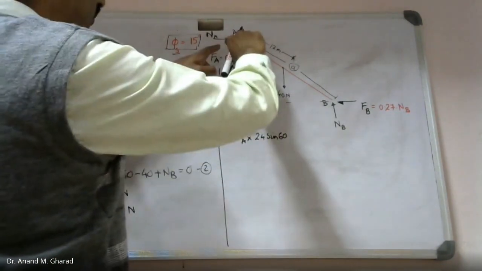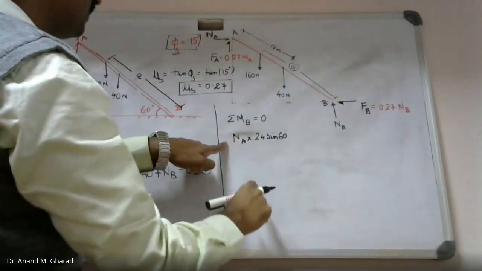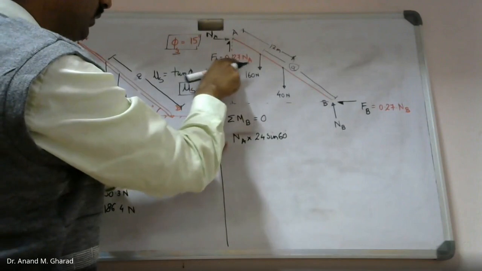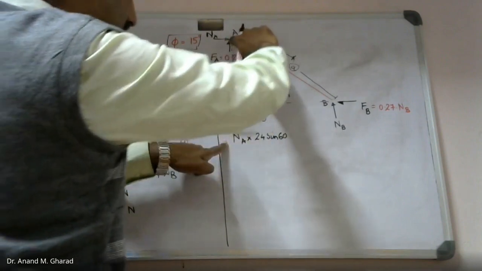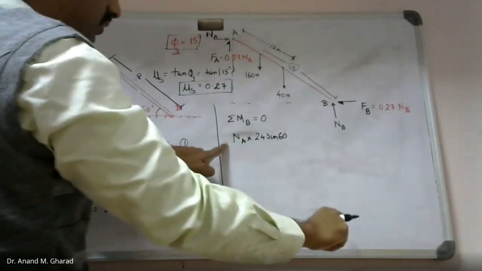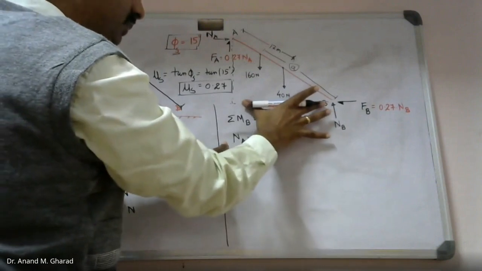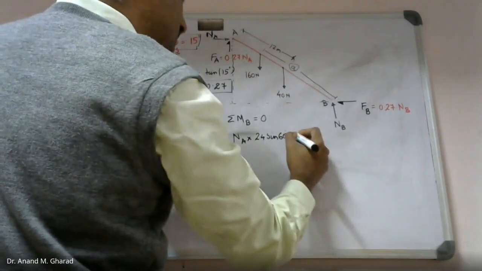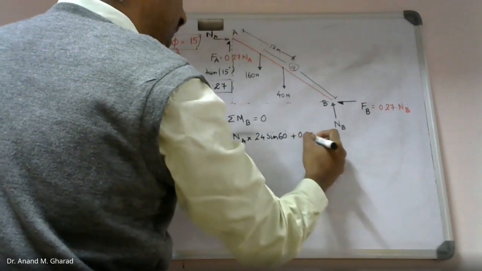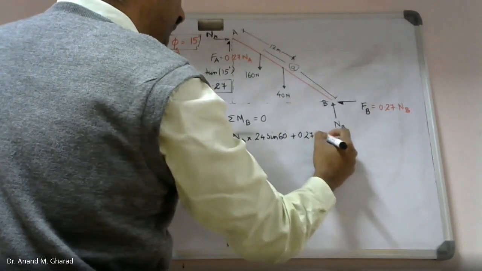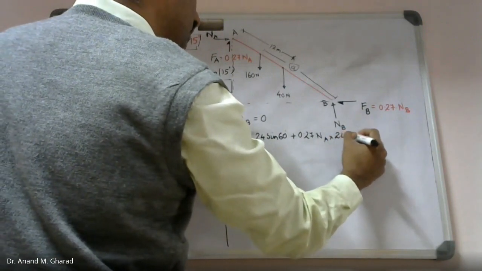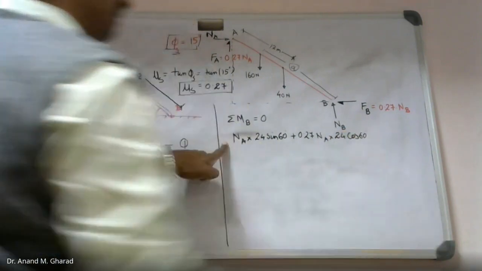Now, this is going to rotate in clockwise direction, so this is positive. Similarly, if I consider this component, 0.27 times NA, this is again going to rotate about point B in the clockwise direction, only the perpendicular distance shall be this much. So, plus 0.27 NA into, now over here it will be 24 cos 60 component.